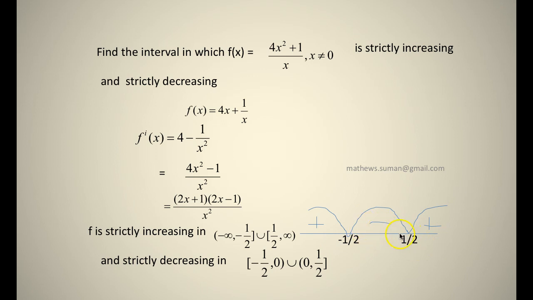It is decreasing in the interval minus half to half. Again, 0 lies in this interval and x cannot be 0 because then the function would be undefined. So f is strictly decreasing in the interval minus half to 0, closed at minus half, not including 0, union 0 to half, not including 0 and closed at half.